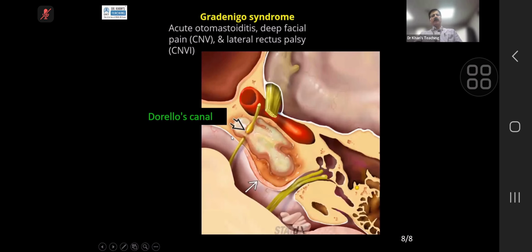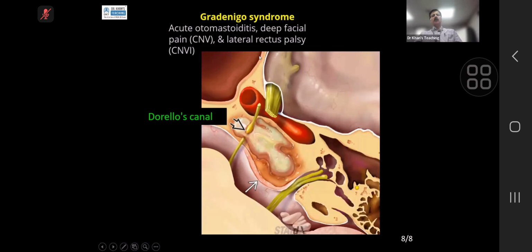This is the anatomy, and this is the canal, Dorello's canal, sixth nerve. So the sixth nerve can be involved. Seventh nerve, and you remember the anatomy, the sixth nerve and the other nerves which go into the cavernous sinus can be involved.